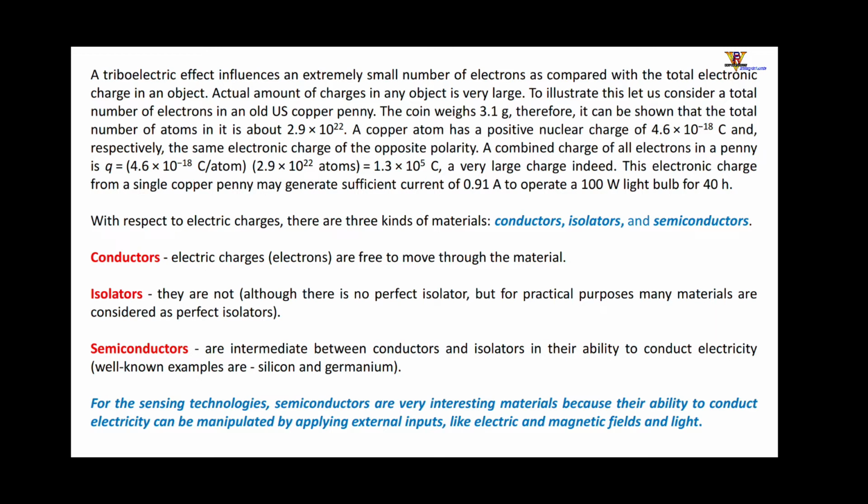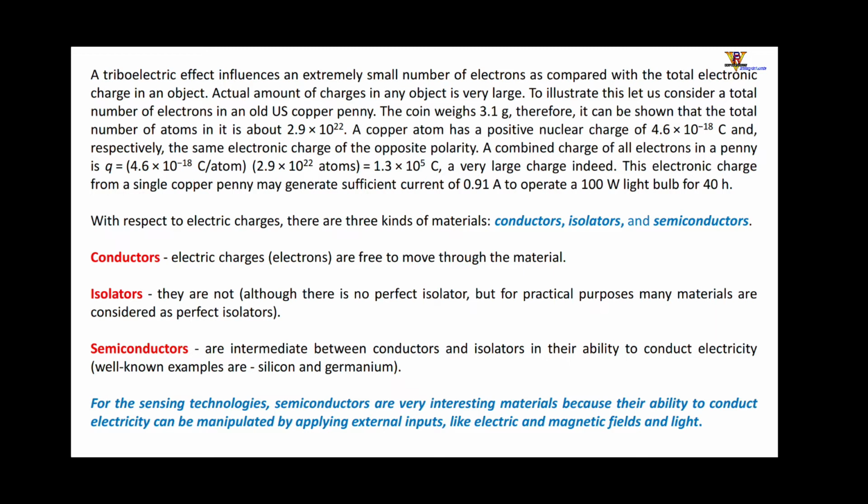So as we can see, the copper penny has a large amount of charge, and separation of this charge may occur, and this can result in a current of 0.91 ampere to operate a 100-watt light bulb for 40 hours.